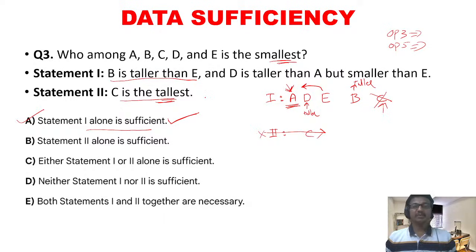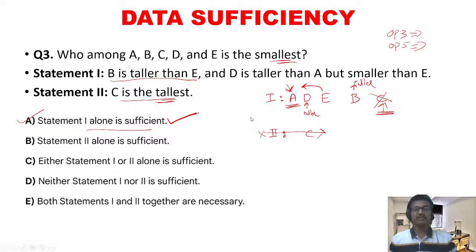Statement 2 only contributes where C stands in the order, but it doesn't affect the smallest person's position. So its role can be taken as nil in these kinds of data sufficiency problems. Hope you understood. The answer for this is statement 1 alone is sufficient.